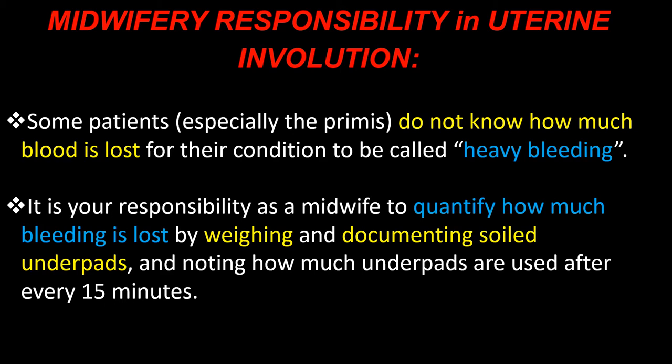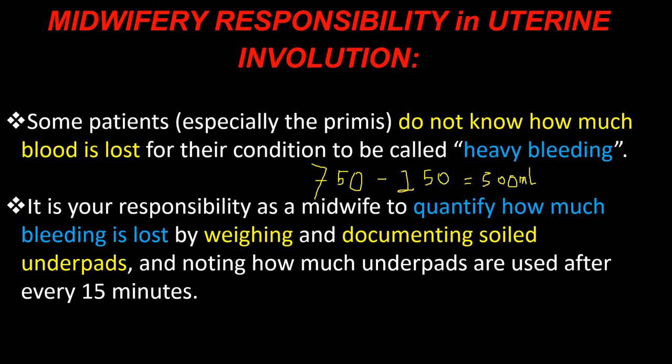For example, if the soiled underpad weighs 750 grams, and the unsoiled or new underpad is only 250 grams, you can see that the bleeding of the patient is approximately 500 ml. So that's how you help them quantify the amount of blood that is lost.